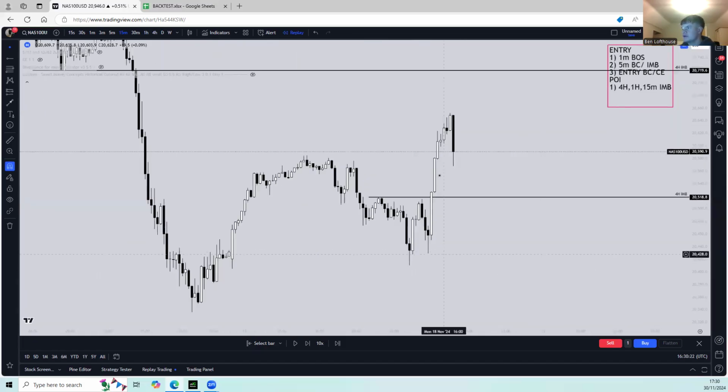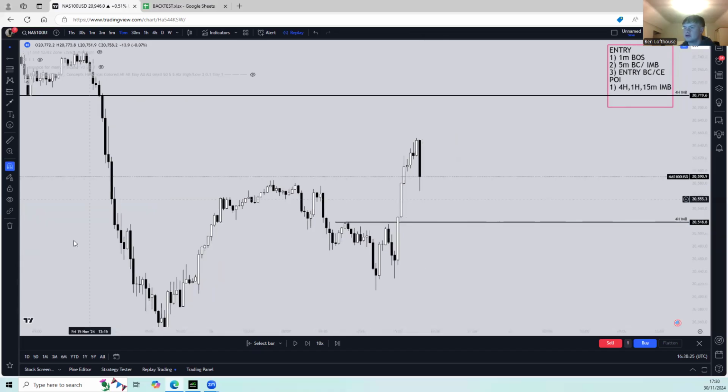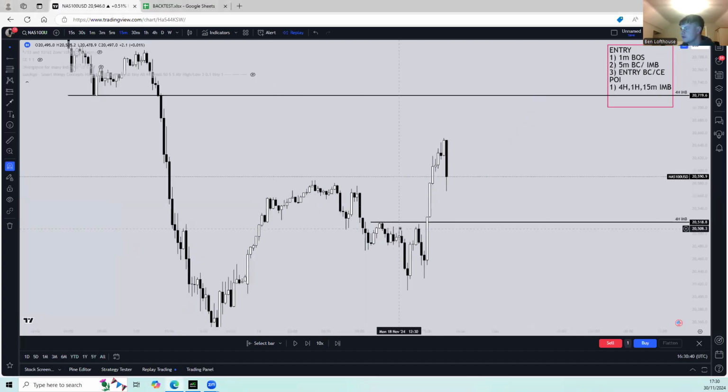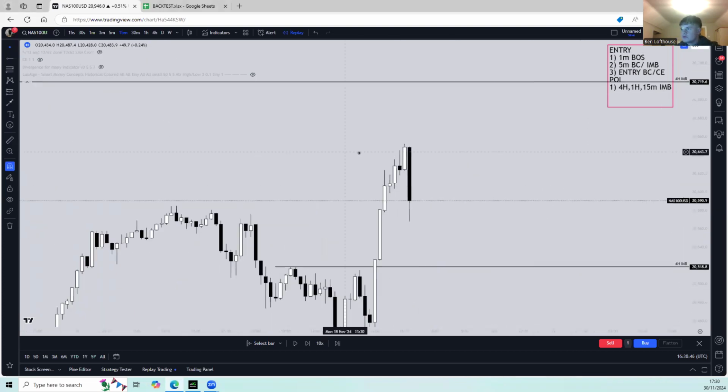On the 15 minute, we can tell that we've got to retrace to here to push up to the 4 hour imbalance. And that's what I'd be hunting for, just from a technical market watch point of view.